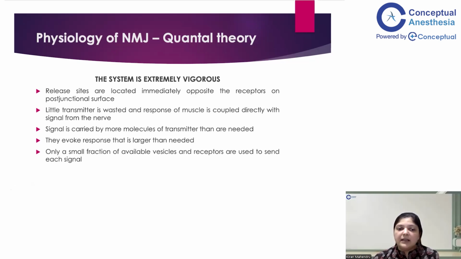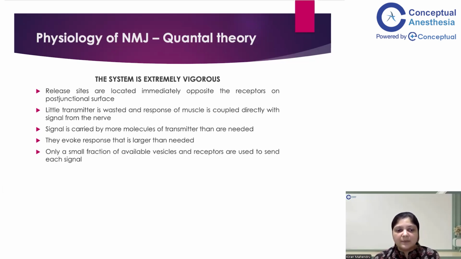Little transmitter is wasted, and the response of the muscle is coupled with the signal from the nerve. The signal is carried by more molecules of transmitter than is needed for the response to be elicited, and the evoked response is also larger than needed. And only a small fraction of vesicles and receptors are utilized for a particular response.